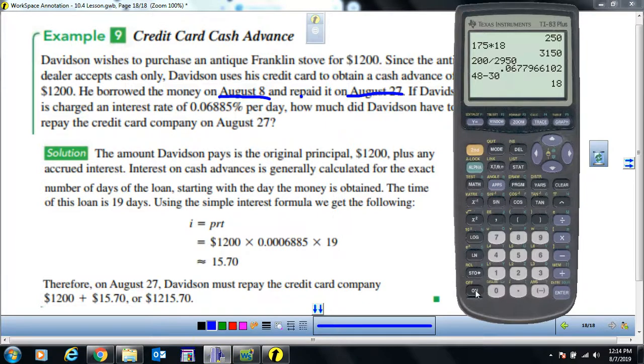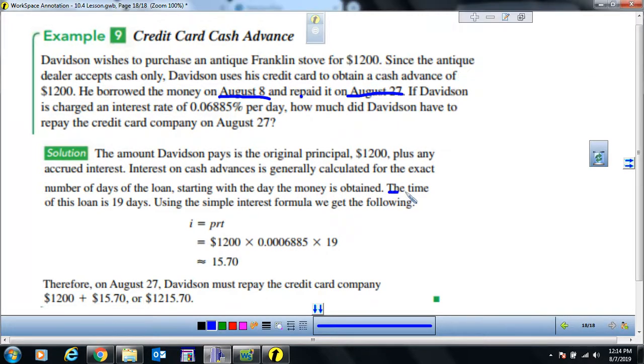So if you do 27 minus 8, that's 19 days. And that's how they determine this part. So the time of this loan is 19 days. Using the simple interest formula, we get the following. The principal is the amount that he took as a cash advance, times the rate, divided by 100.